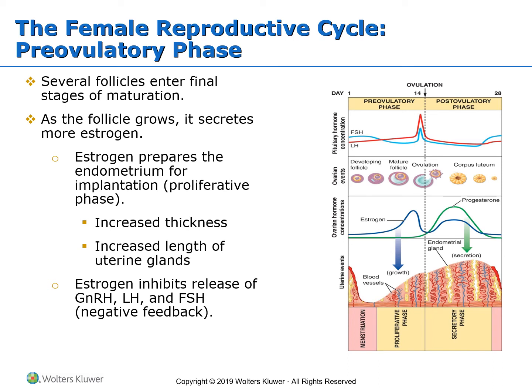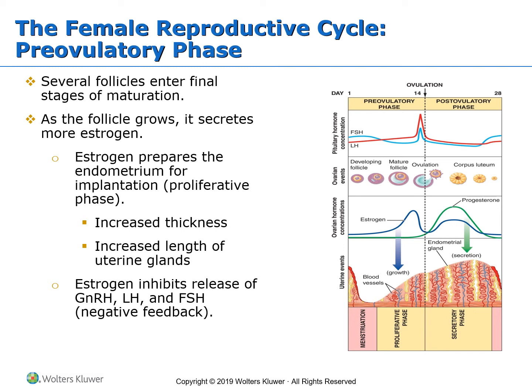The estrogen produced by the follicles will also travel through the blood to the uterus and start preparing the uterus, especially the endometrium, for a possible pregnancy. This preparation is reflected in a thickening of the endometrium and an elongation of the glands that will produce the uterine secretion. It's like preparing a bed for the implantation of the pregnancy.